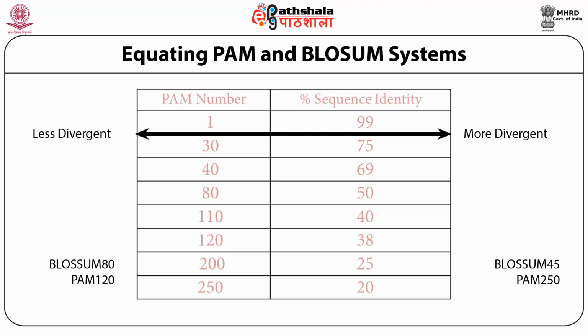In between these limits, we have BLOSUM 62 and PAM 160, which are intermediately diverged. Therefore, BLOSUM 62 and PAM 160 can be used with sequences having intermediate identity.